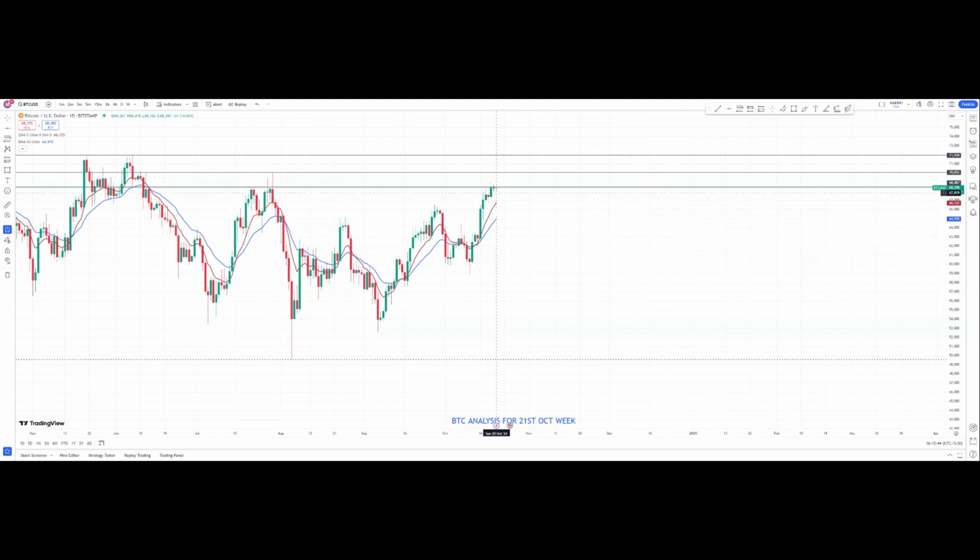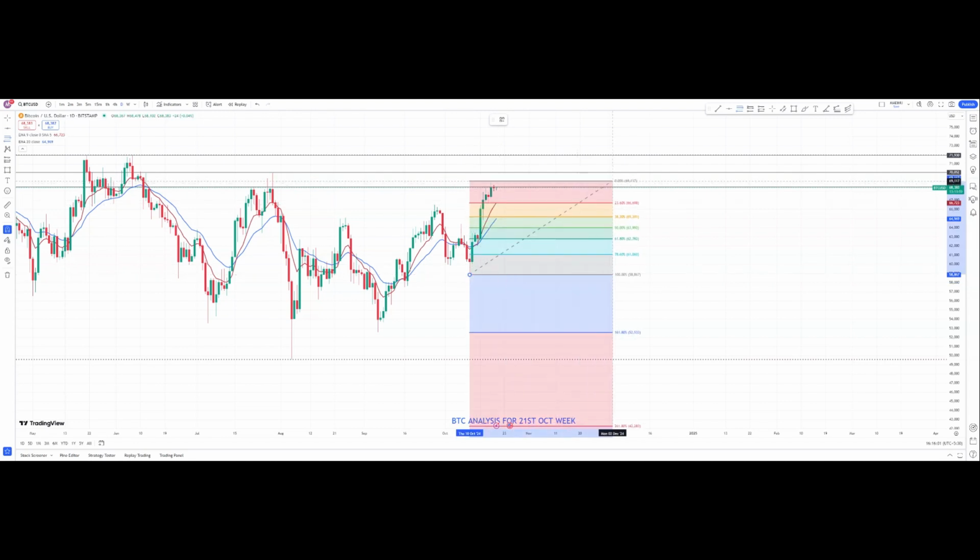So there is a possibility of slight correction, and from there again, there is a possibility of going towards the upside. As we're looking at BTC on a daily time frame, if you look at what kind of run we had with the fib, and right now, if it comes down to 66,577 or 580, that's where your 9 EMA is available.